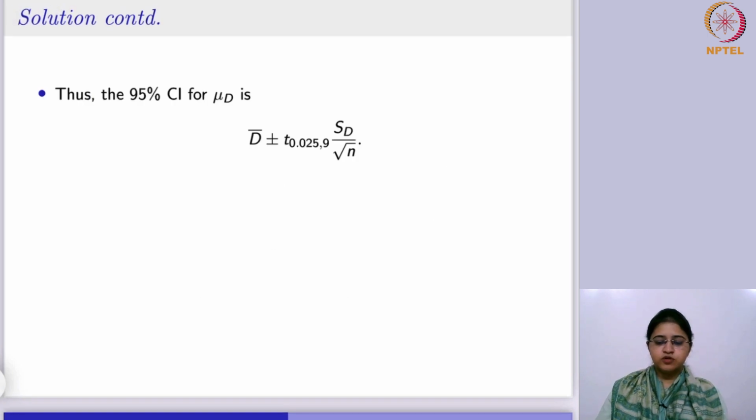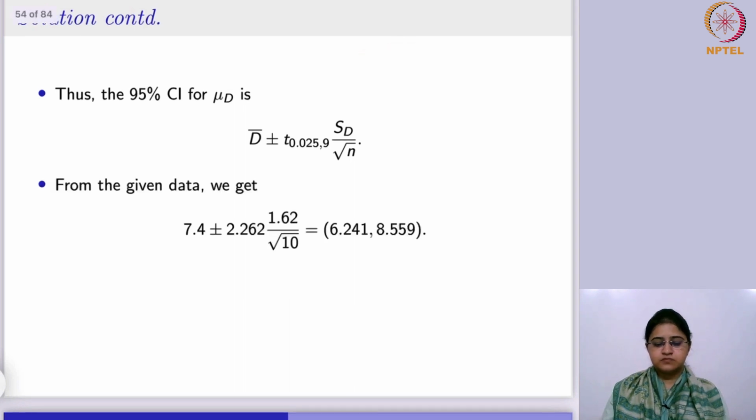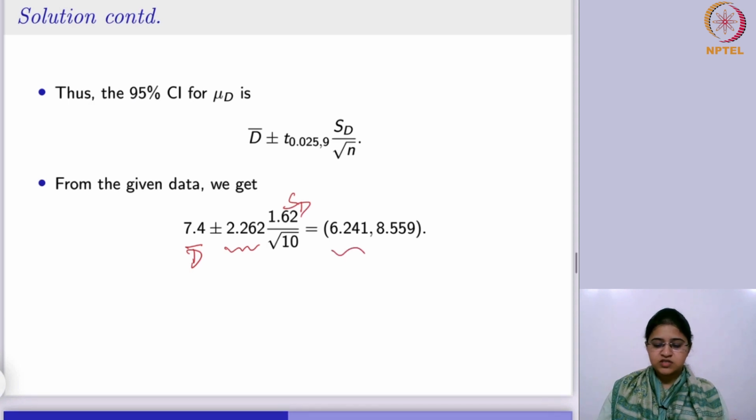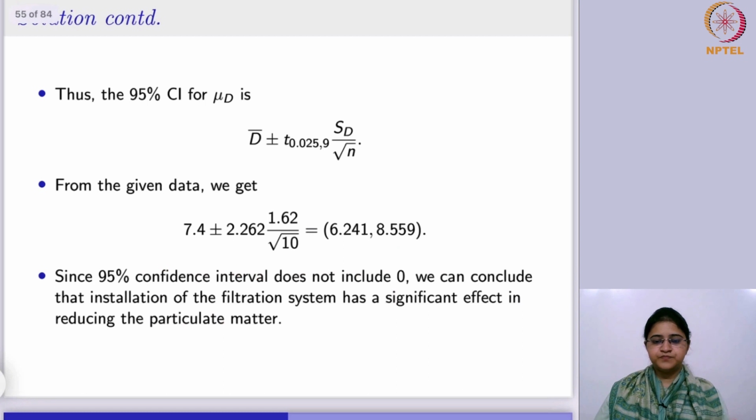This is the form, with T alpha by 2 at n minus 1 degrees of freedom. n here is 10, so n minus 1 would be 9. So 7.4, that is d bar, plus minus the t value times SD by root n. This comes out as 6.241 to 8.599.